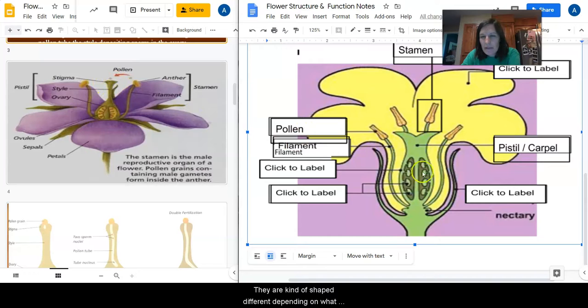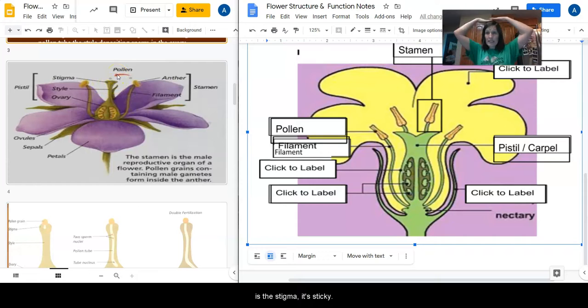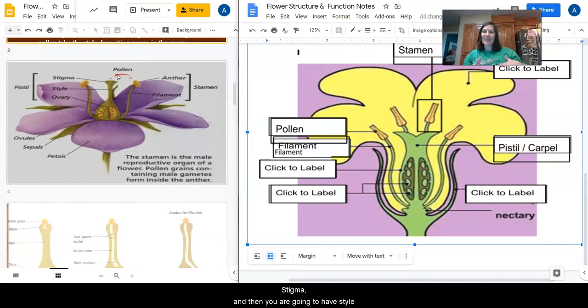They're kind of shaped different depending on what picture I'm looking at. But, and you don't have to know this, the top is the stigma and it's sticky. It's where the pollen sticks to, okay? Stigma. And then you're going to have style, because females, we always have style, right? So stigma is sticky, and then style, and then ovaries are down at the bottom.